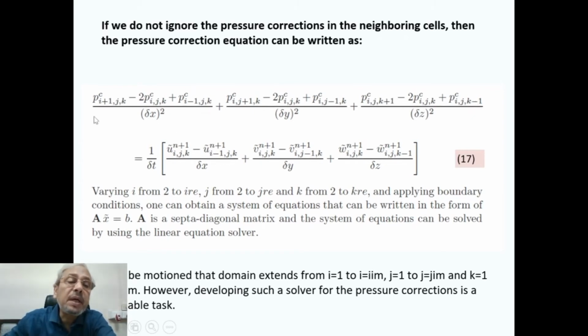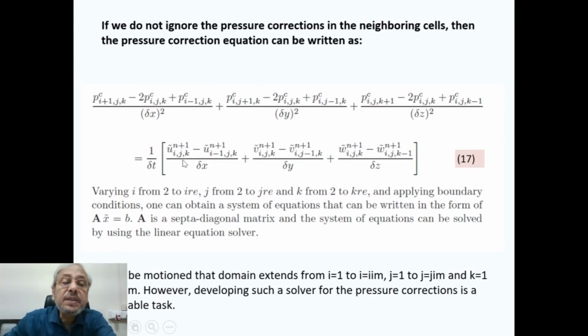So these neighbors, P'(i+1,j,k), P'(i-1,j,k), P'(i,j+1,k), P'(i,j-1,k), P'(i,j,k+1) and P'(i,j,k-1), all these correction terms, if those are written together with the P'(i,j,k) correction term, then we will get the left hand side of the equation like this, and the right hand side will remain the same.